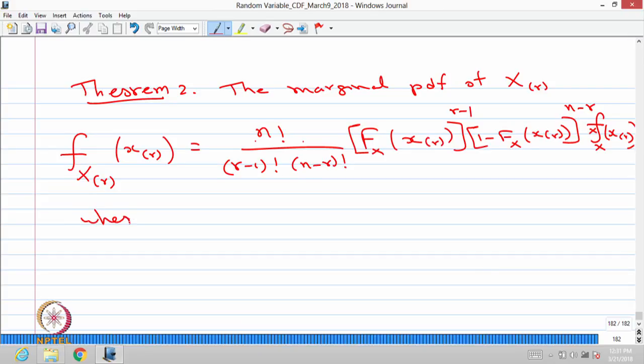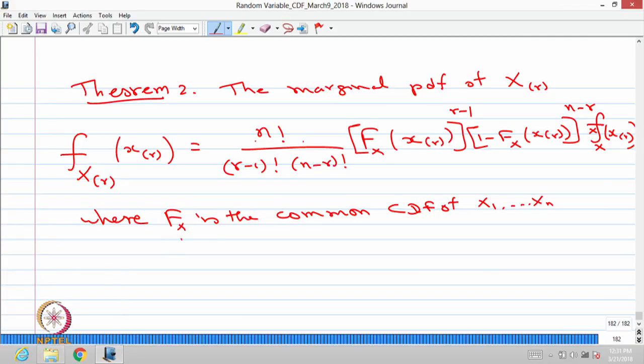So, instead of writing xi, I am writing x, where capital F is the common CDF of the random variables X1, X2, ..., Xn, since they are identical.